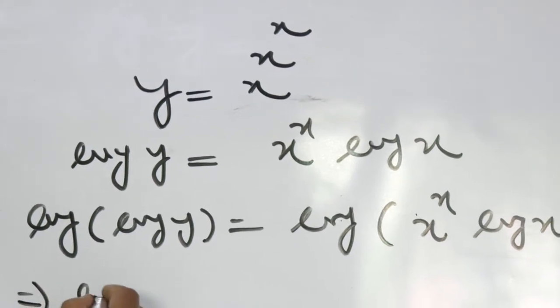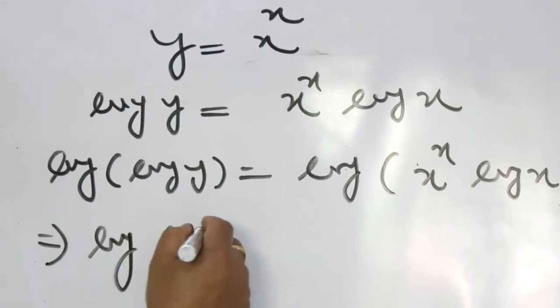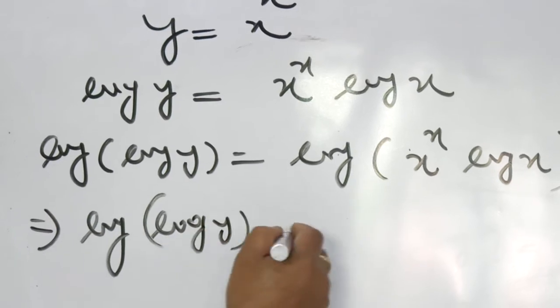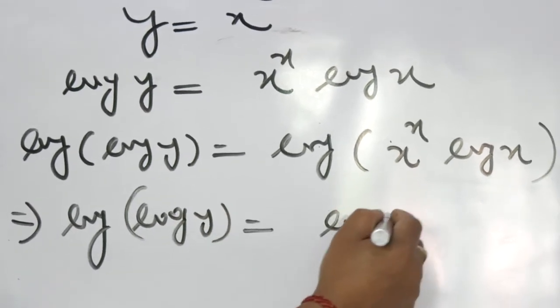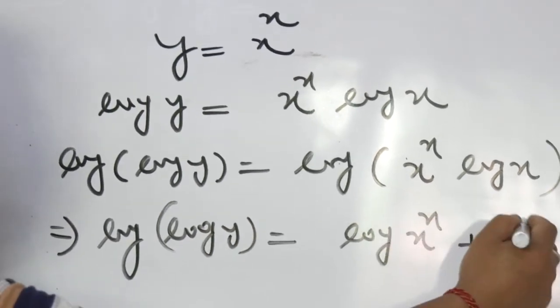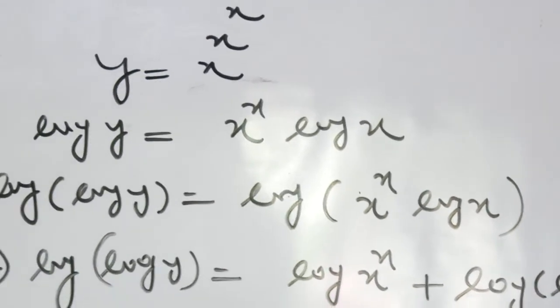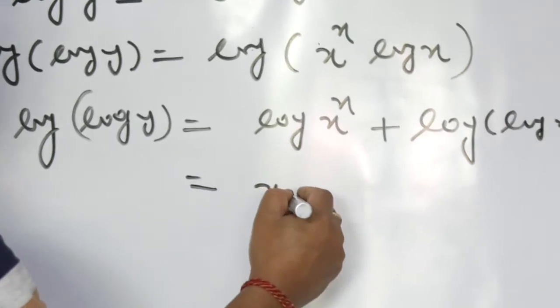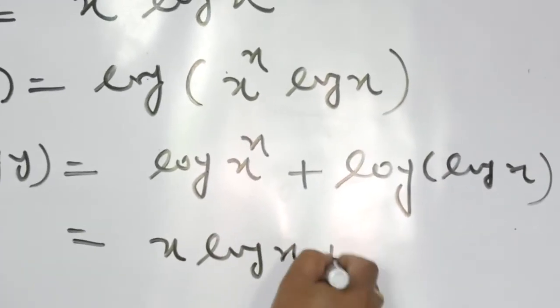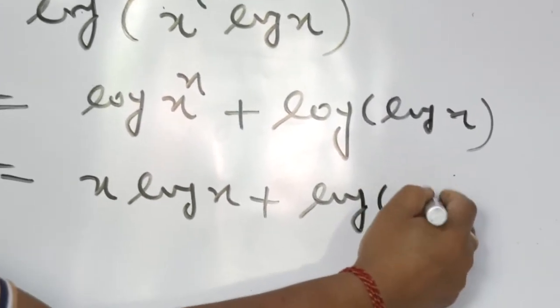This implies log of log y equals log x to the power x plus log of log x, which is equal to x log x plus log of log x.